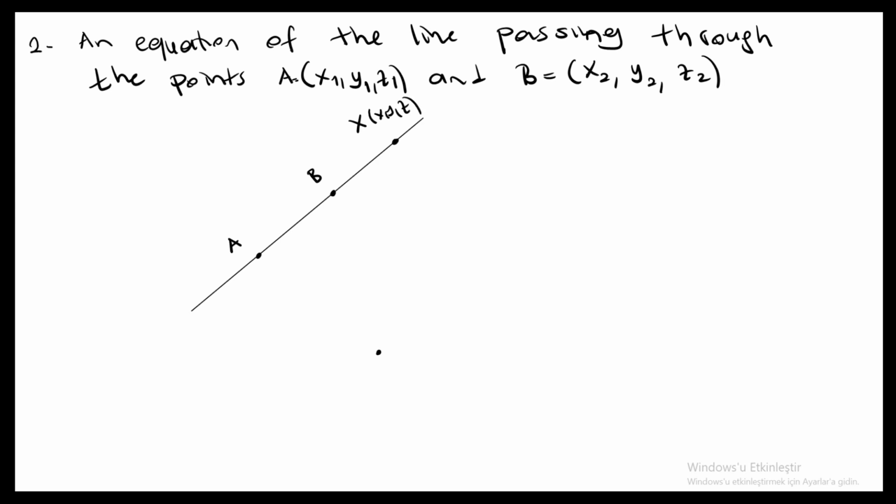We are trying to find OX, because if I find this one, it means you find the arbitrary point on the line. So in this way you can find the line itself.